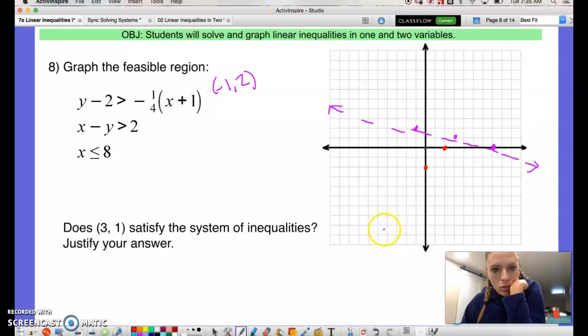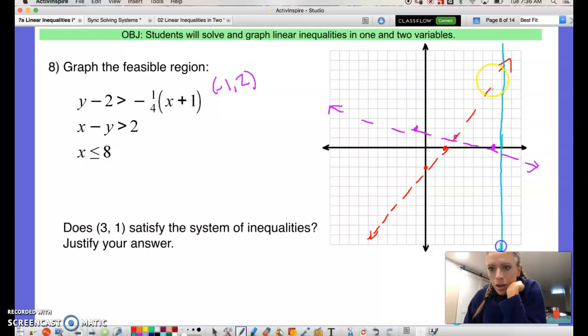And so what happens there is we will do a dashed line as well. And then we have our last line we'll do in blue, which is x equals 8. So 1, 2, 3, 4, 5, 6, 7, 8. And that one is a solid line.